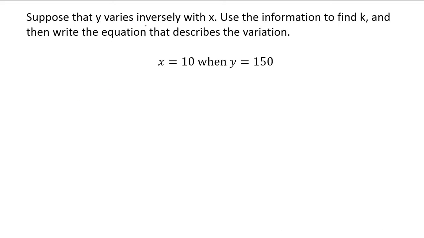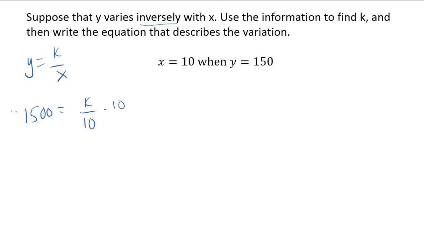Suppose y varies inversely with x. Okay, right there, inversely with x, that means we're dealing with that equation. So I would write it, just to remind myself. Use this information to find k and write the equation that describes it. Well, they tell us x is 10 when y is 1500. So let's plug in what we know. Well, 1500 equals k over 10. And now I want to solve for k.